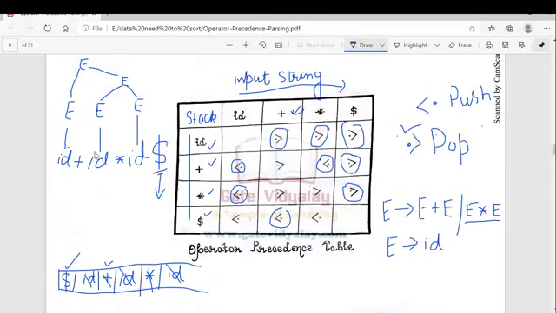So here is a full-fledged example through which we can construct our parse tree. In this lecture we took a full-fledged example and constructed our parse tree by using the operator precedence table and operator precedence grammar.